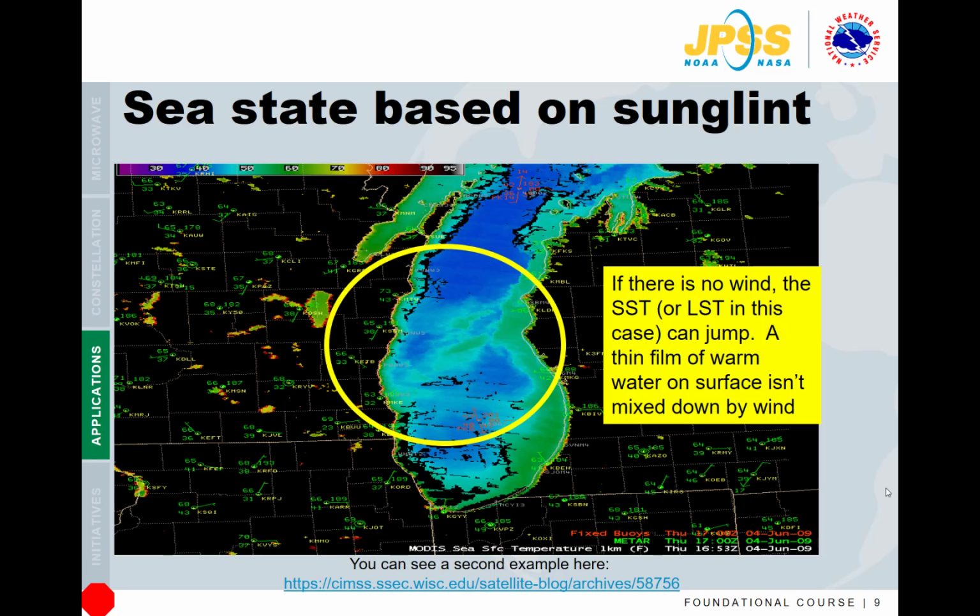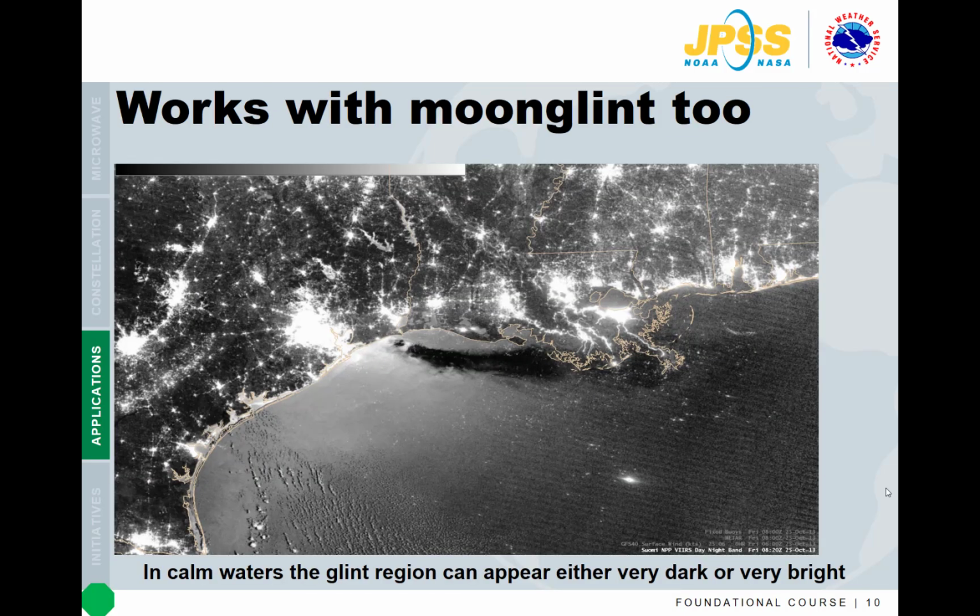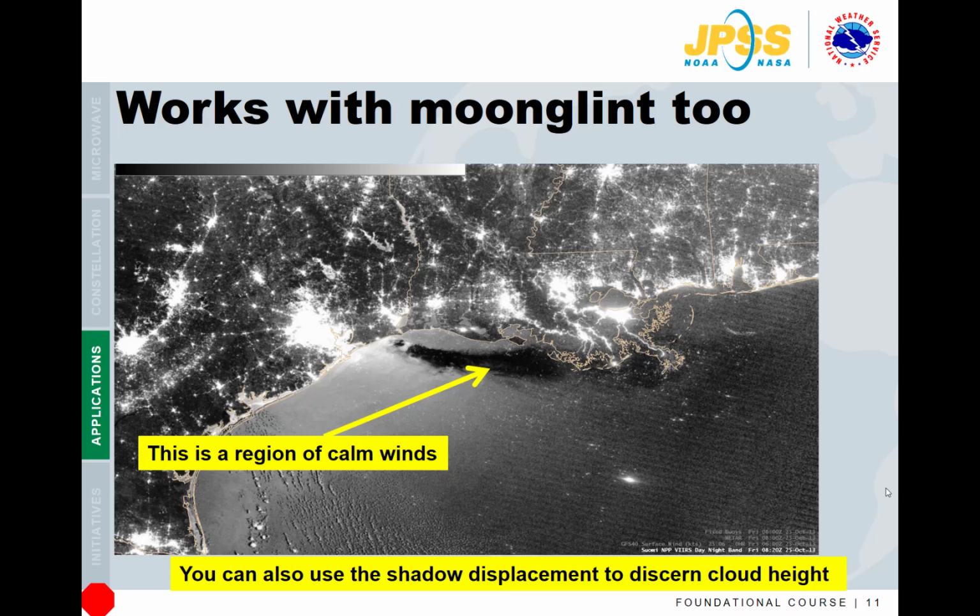Observed sea surface or lake surface temperatures will warm considerably compared to adjacent regions where winds will mix surface and cooler subsurface waters. Of course, once the wind then starts up again, this warm patch will vanish as it mixes. Moon glint works just as well as sun glint in identifying regions of calm, if the day-night band gives suitable illumination. The dark region is one of calm winds.